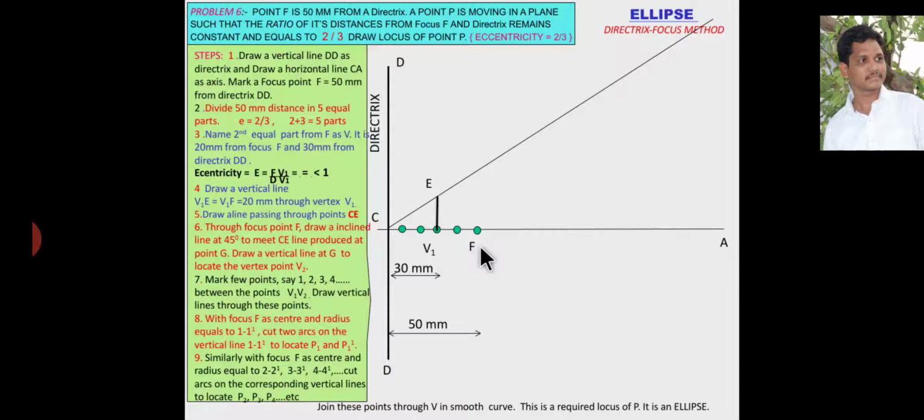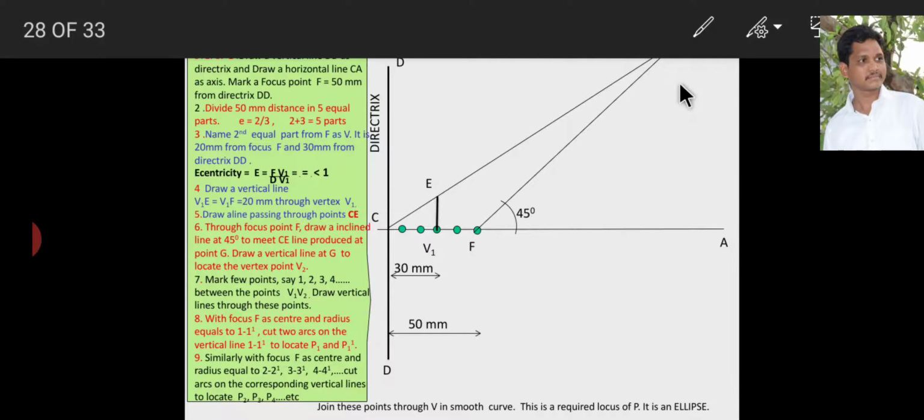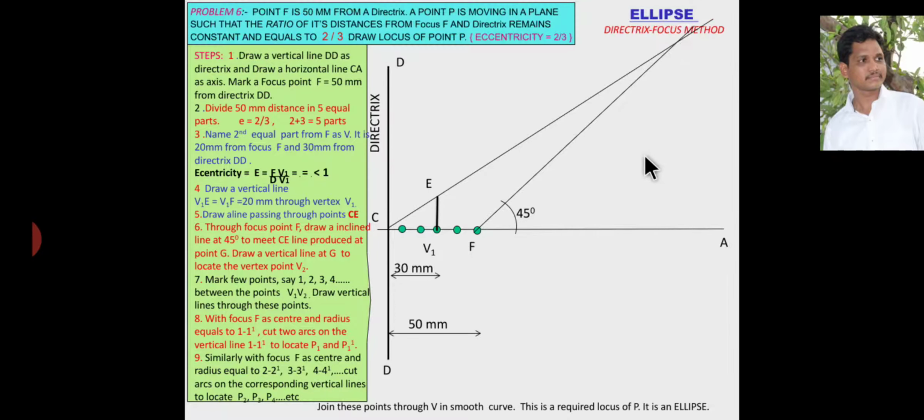Now consider an angle of 45 degrees at the focus point. Mark 45 degrees at the focus point and draw an inclined line through point F, and this is the intersecting point, named as G. Draw a vertical line from G in the downward direction like this.